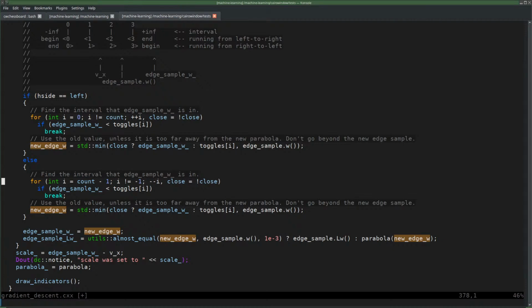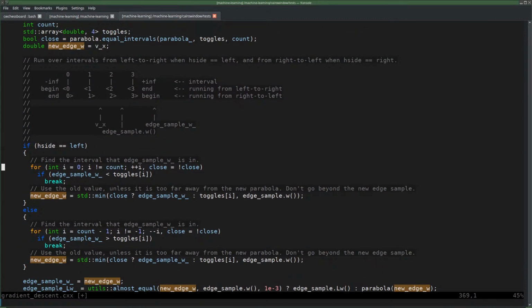Minus, close to toggles, and now this is larger then. I think anyway. So check if this is correct. We start at count -1, that is 3 of course, which now belongs to plus infinity.